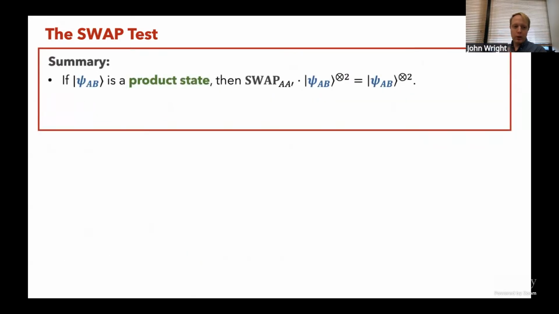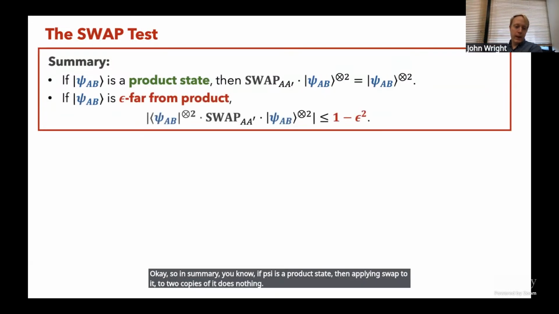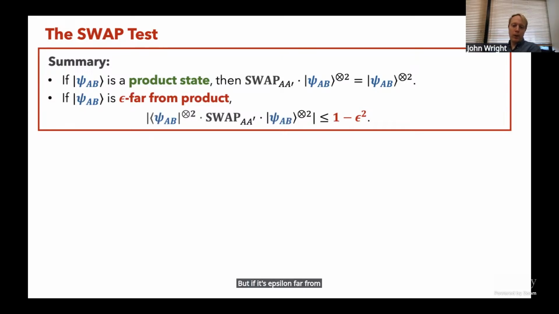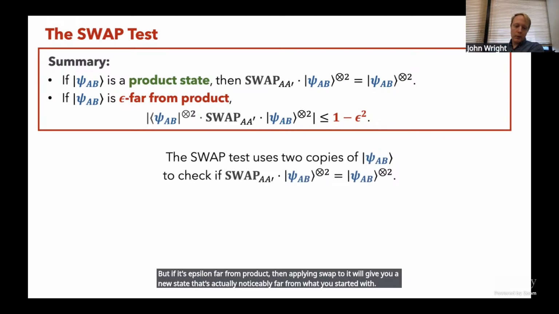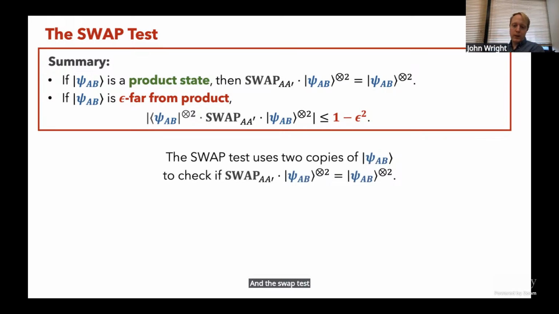Okay, so in summary, if psi is a product state, then applying swap to two copies of it does nothing. But if it's epsilon far from product, then applying swap to it will give you a new state that's actually noticeably far from what you started with. And the swap test just uses two copies of psi AB to check this.